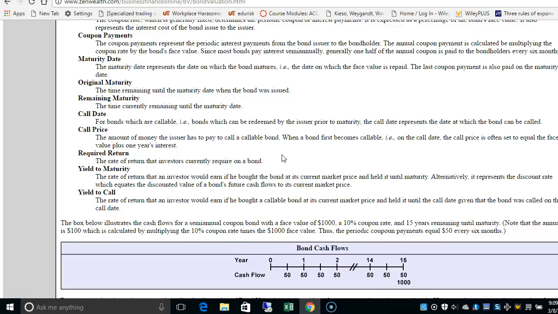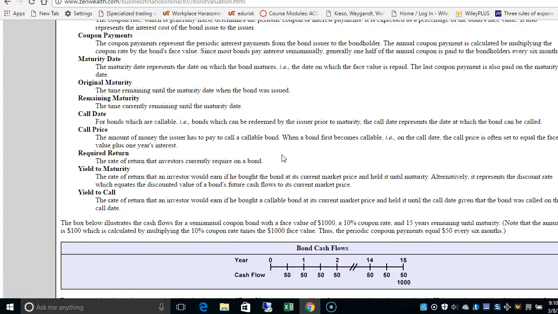You essentially want to be able to refinance that mortgage and basically pay off your old mortgage, replace it with a new one at a lower interest rate. That lower interest rate will save you hundreds of dollars a month. Well, that's essentially the same reason why companies call bonds, to basically refinance.